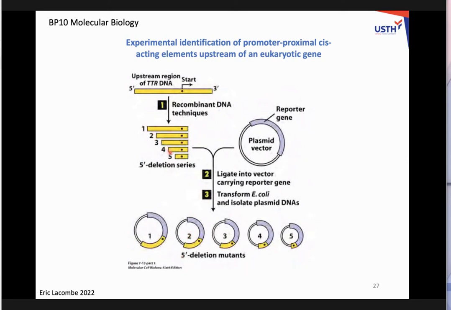So you cut little by little the promoter till the very beginning of the promoter, so around the TATA box. Okay? So with this strategy, we have a series of deleted versions of the promoter from 5' to 3', so going to the transcription start.